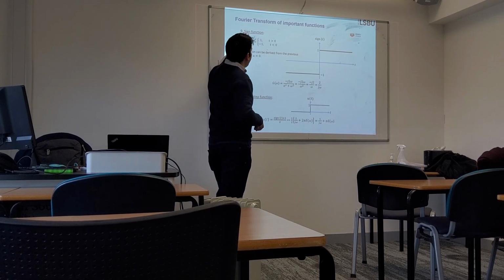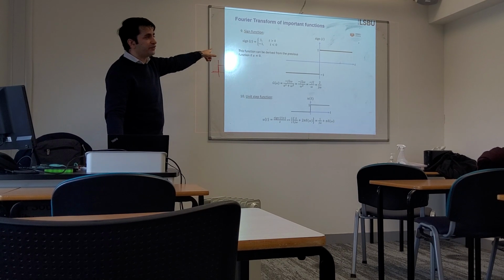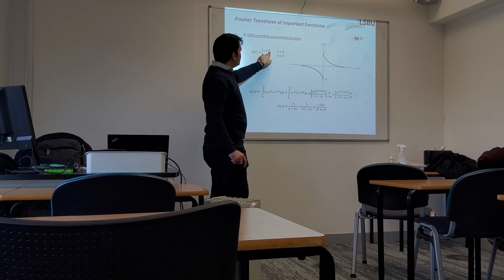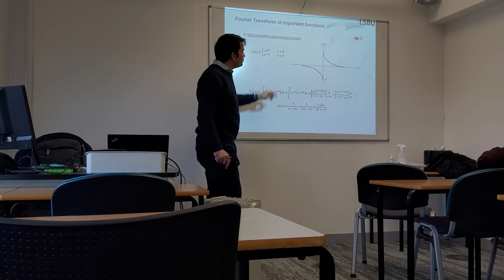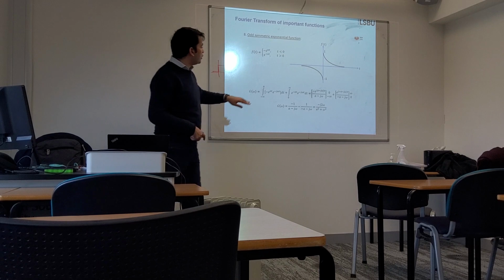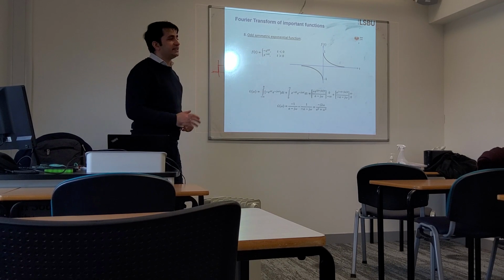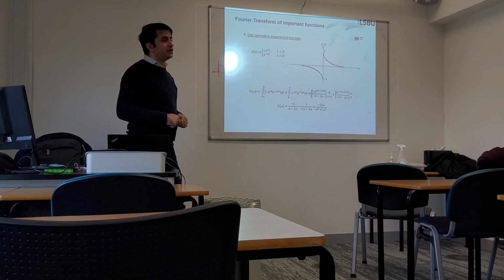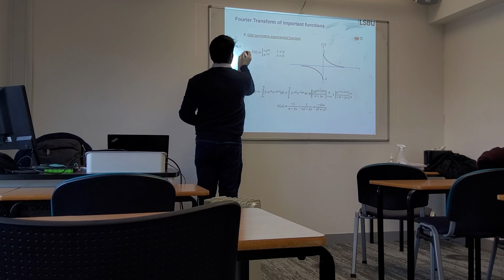So if we want to find the Fourier transform for a sign function, we can use something which we have done previously. If you put a equals to 0, e power 0 is 1.